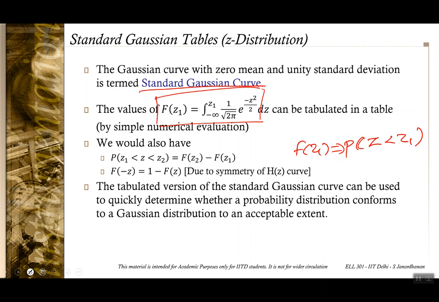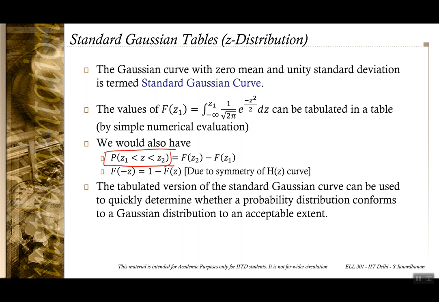Okay, and from that we can gather a few properties. That is, the probability of z being between z1 and z2 will be f of z2 minus f of z1, and since this is centered at z equal to 0, you will have f of minus z equals 1 minus f of z.